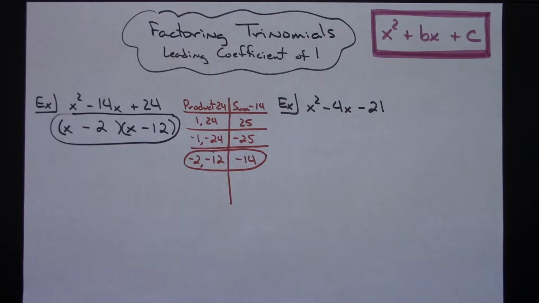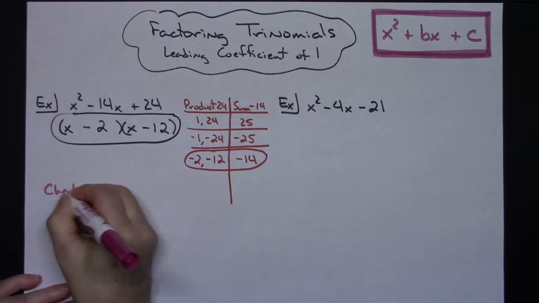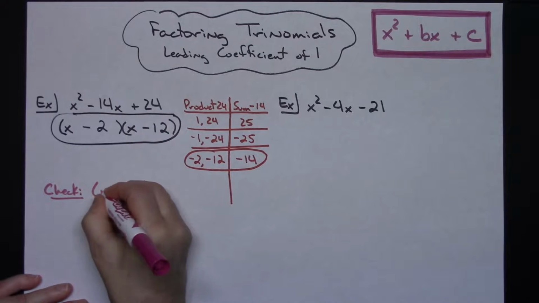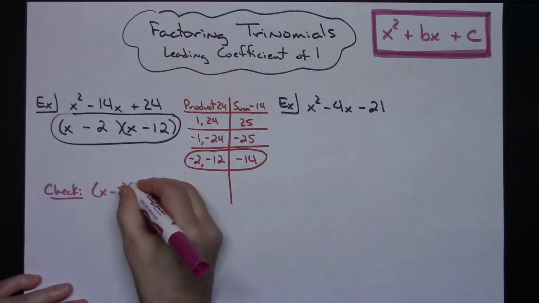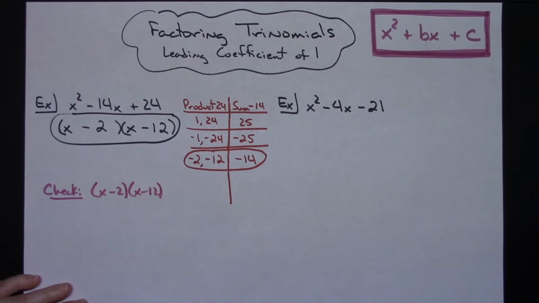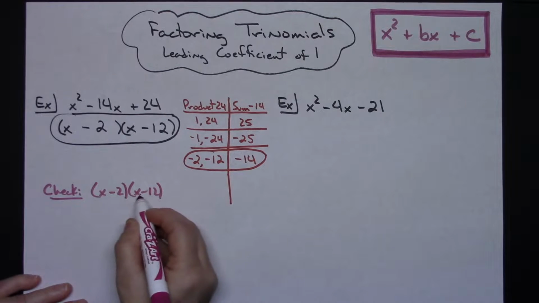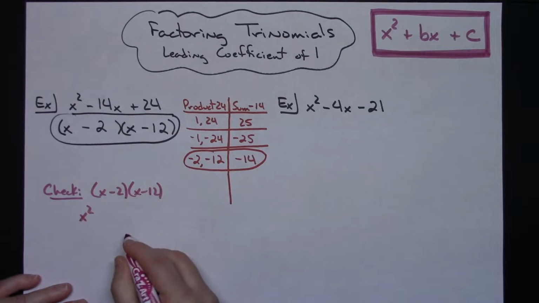Now you should check using FOIL to make sure that you've actually done this right. So we are going to throw a check in here. If I have factored this correctly, I should be able to take this x minus 2 times x minus 12 and multiply it back out and get the original trinomial I started with. So foiling it back out, first terms, x times x is going to give me an x squared.